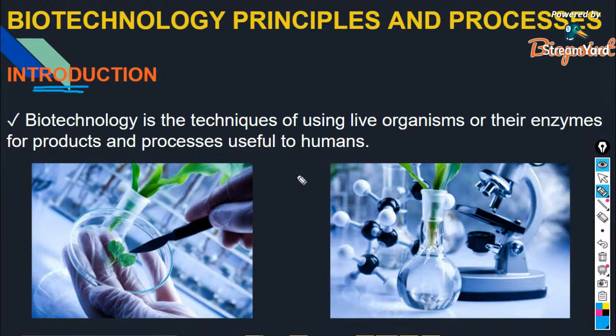So what is actually biotechnology? Biotechnology is a technique of using live organisms or their enzymes for products and processes that are useful to human beings. You may notice that there are certain applications of biotechnology.